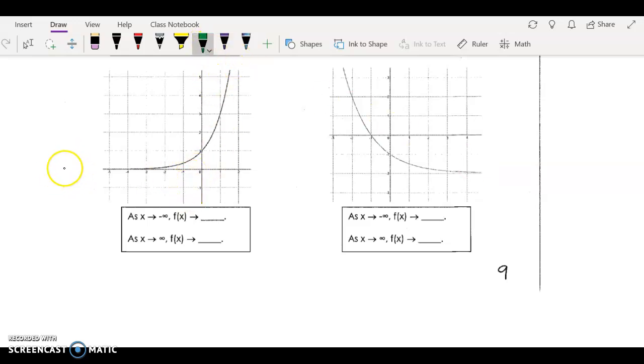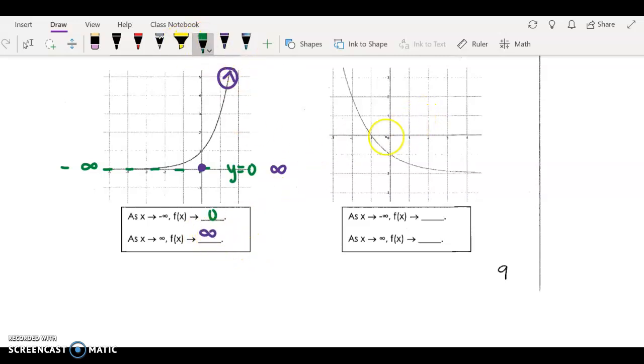On this function, negative infinity on the left, the graph is approaching the asymptote, which is y equals 0. And then on the right, if I start at the center of the graph and go toward the right, the graph is going up toward positive infinity.